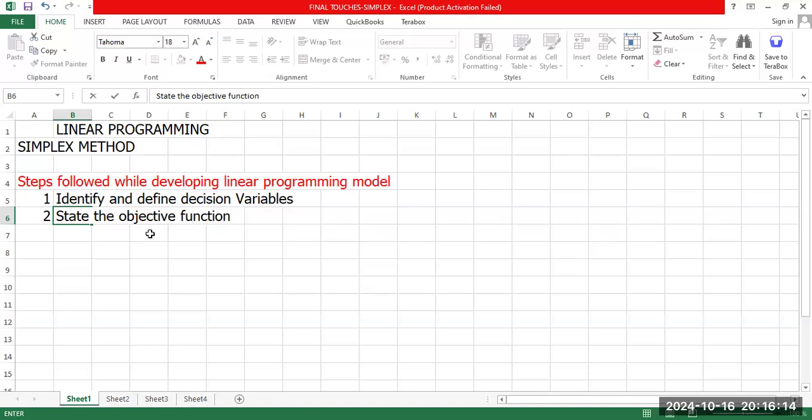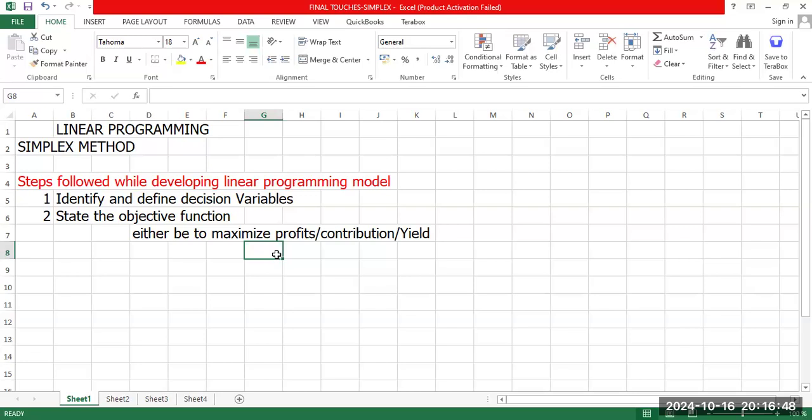Remember, the objective function can either be to maximize profits, or sometimes we use contribution or the yield, depending on the question.